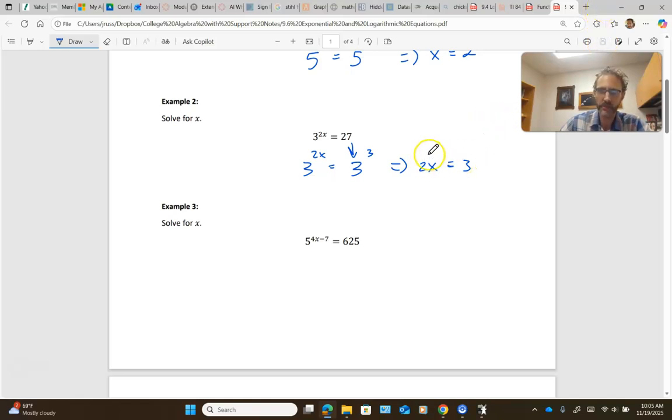You can solve for x by dividing both sides by 2, and you obtain x is equal to 3/2. So that's the value that solves this equation. And you can check these as well, guys. If you plug 3/2 back in here, 2 times 3/2 is 3. And 3 to the third power is equal to 27. Okay.